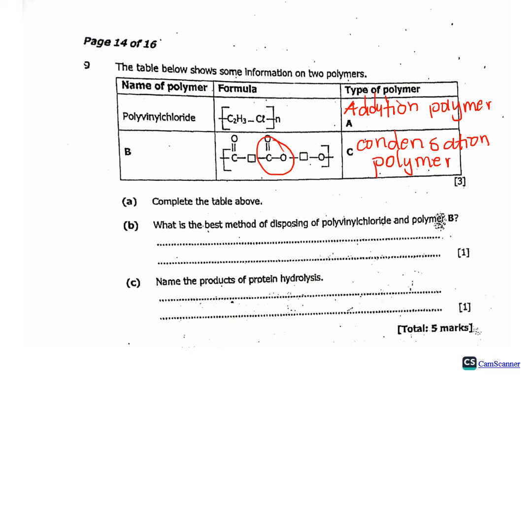These substances are non-biodegradable, so the best and safest way of disposing is by recycling. Now, name the products of protein hydrolysis. The end products of protein hydrolysis are amino acids.